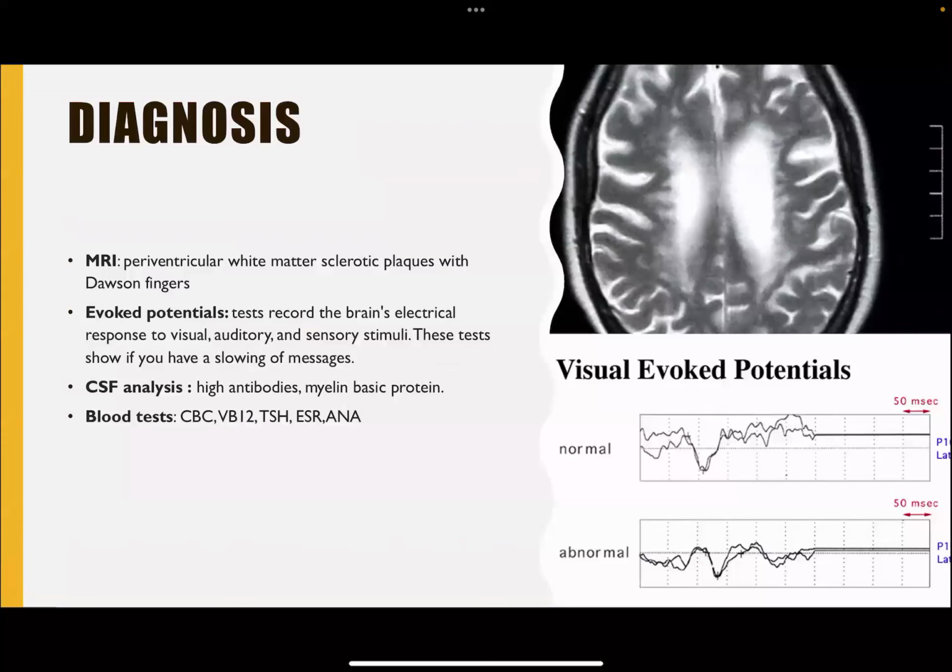Here is the MRI on the right hand above. You can see the periventricular white matter sclerotic plaque with Dawson's fingers. And below it, you can see the evoked potentials, which is a test in order to record the brain electrical response to different types of stimuli, like visual, auditory, or sensory stimuli as well.